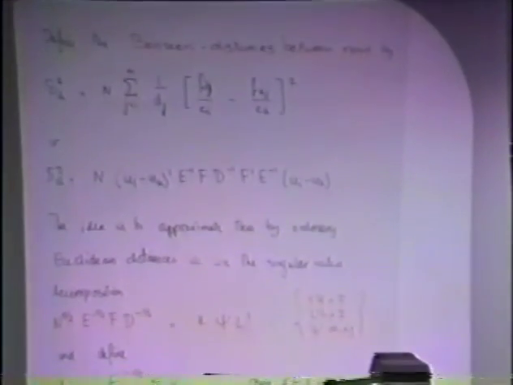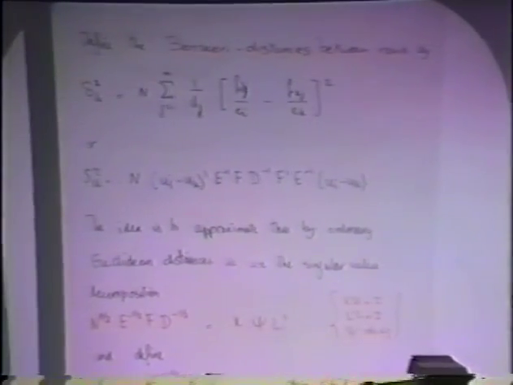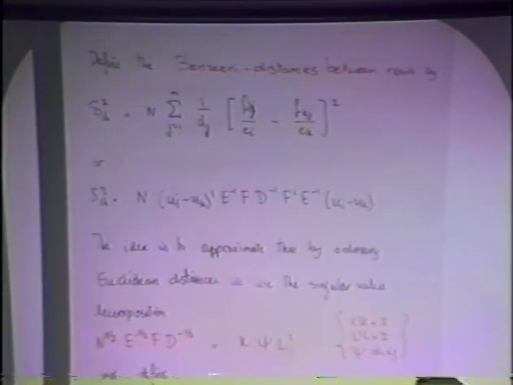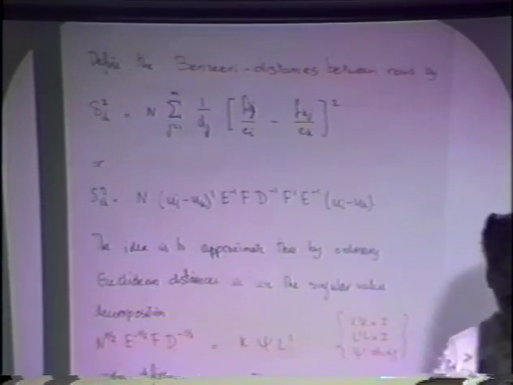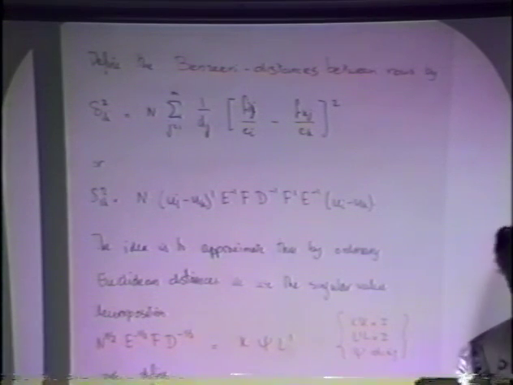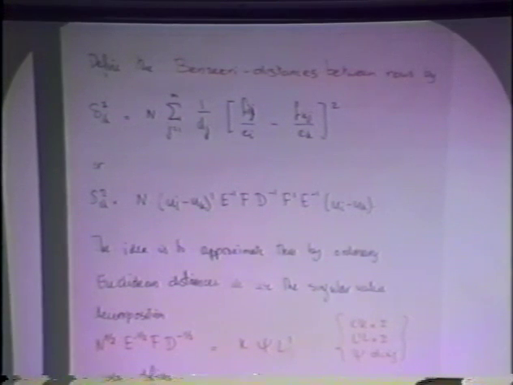This distance measure is supposed to tell you how dissimilar these rows are. And I've written it down. I call it the Benzécri distances. Benzécri doesn't call it the Benzécri distances. He calls it the chi-square distances, but I think it's nice to call them Benzécri distances.